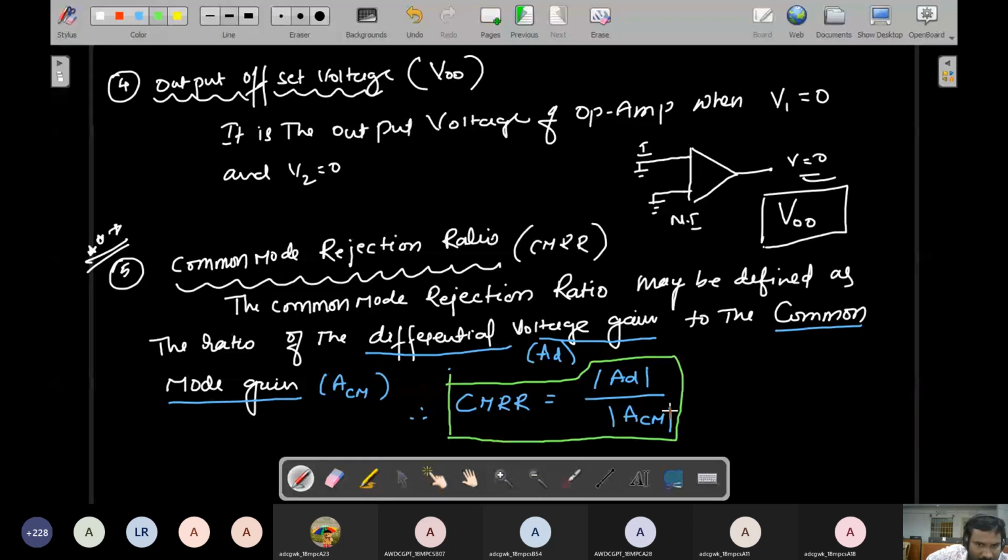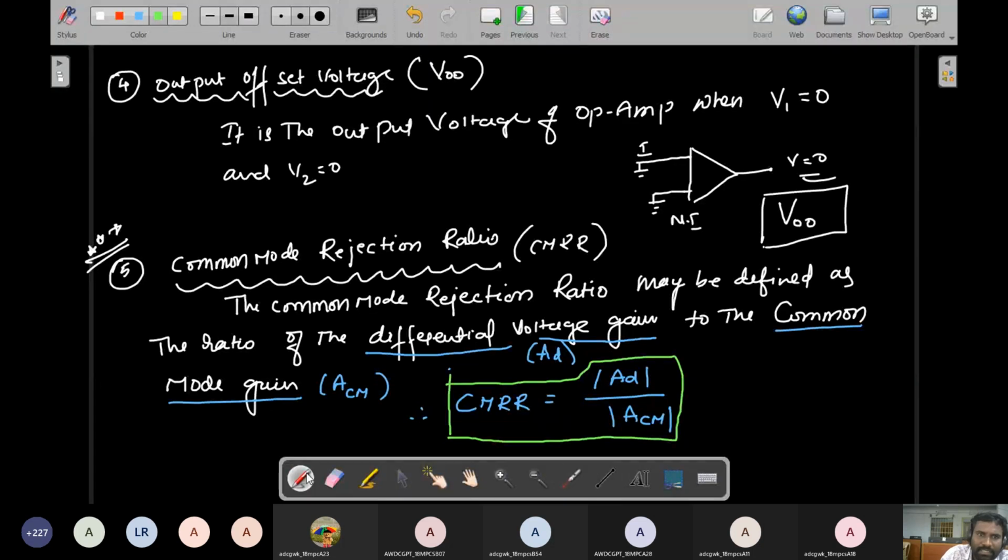So what is differential voltage gain and what is common mode gain? We will discuss that. Actually, we know that differential voltage gain is nothing but the voltage gain of this operational amplifier. The gain of the operational amplifier you can find out easily.